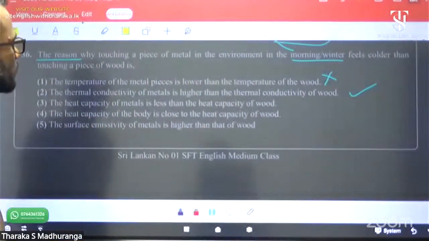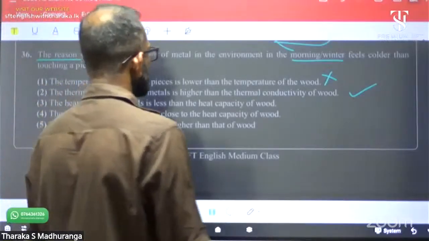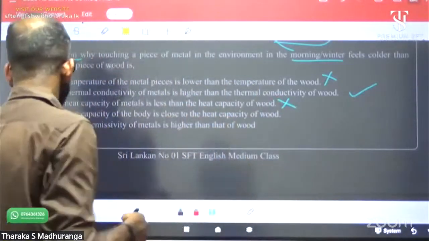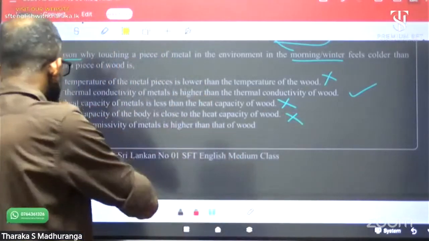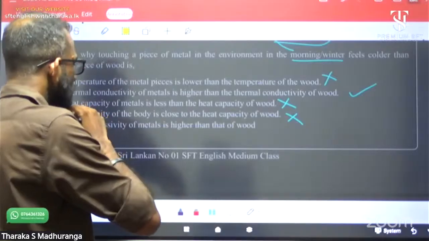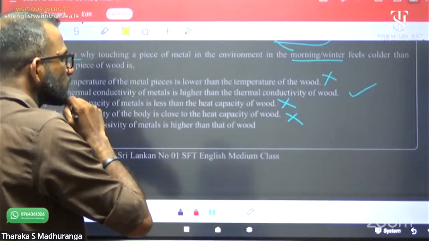The heat capacity of metal is less than... heat capacity is not related. The surface emissivity of metal is higher than the wood?